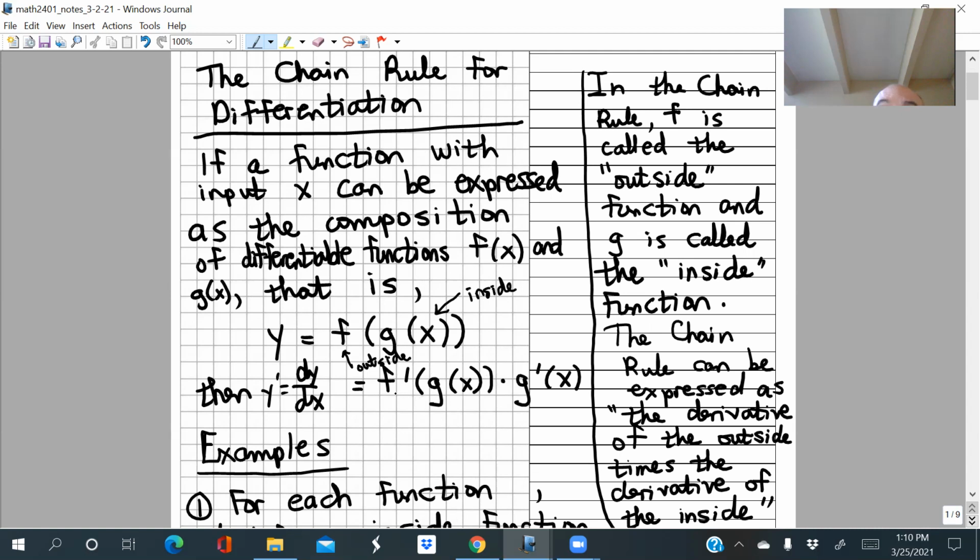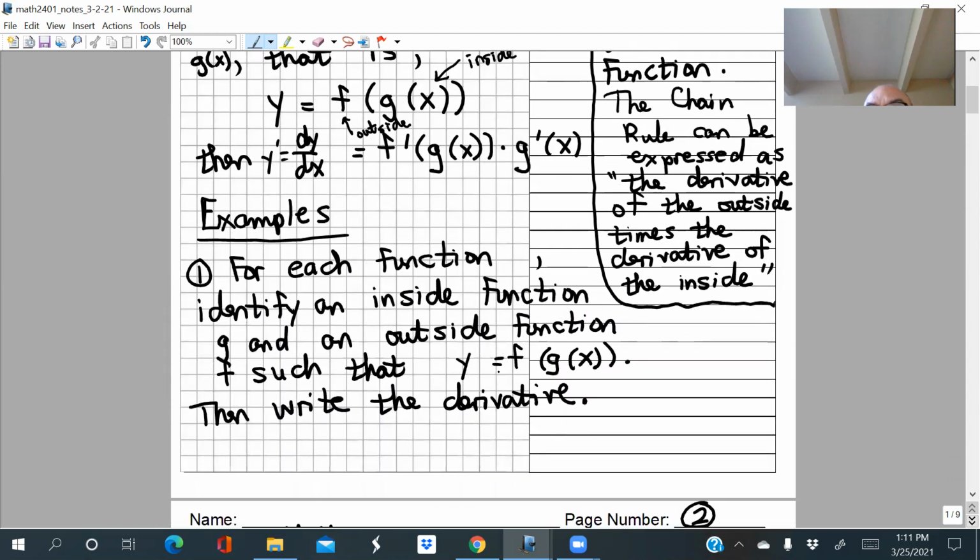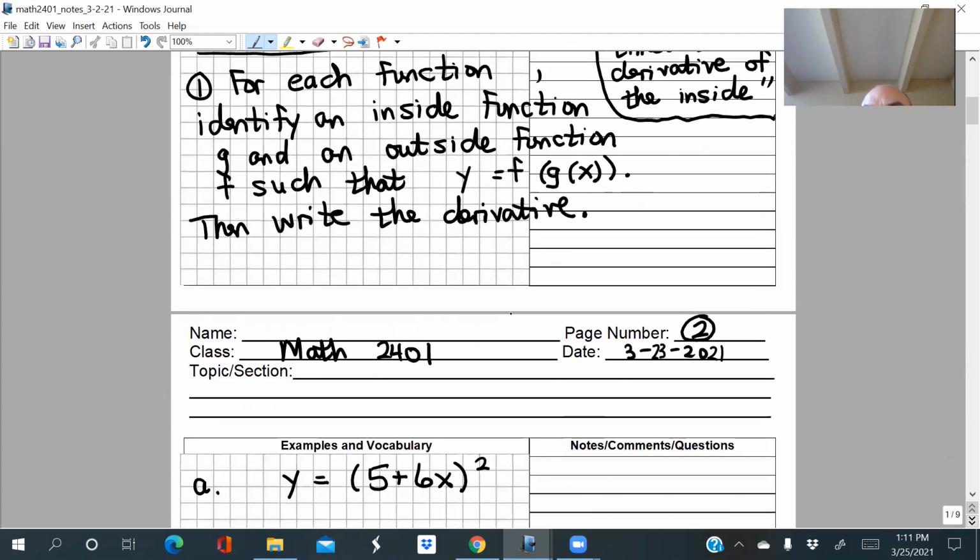So you take the derivative of the outside and multiply times the derivative of the inside. It's really a very simple formula. But again, the tricky part in the chain rule is recognizing when it applies, okay? That's where students are going to have the most difficulty.